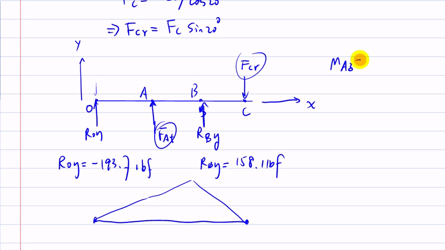So MAZ is just the supporting force ROY multiplied by the distance OA. And MBZ, you can simply use FCR multiplied by the distance BC. That's going to be your bending moment in this plane.